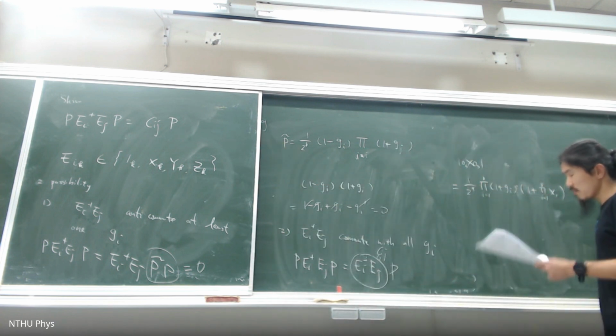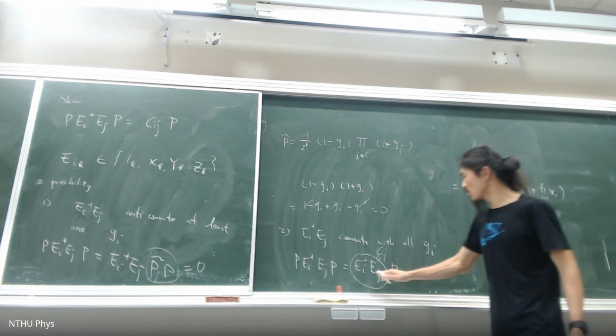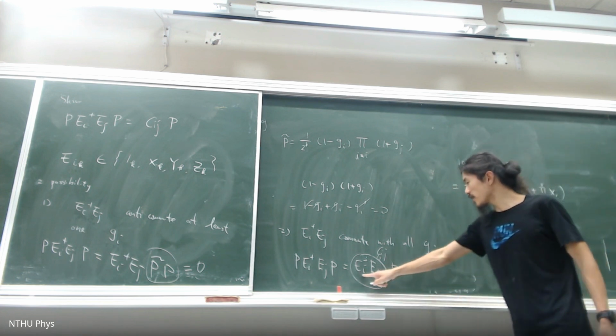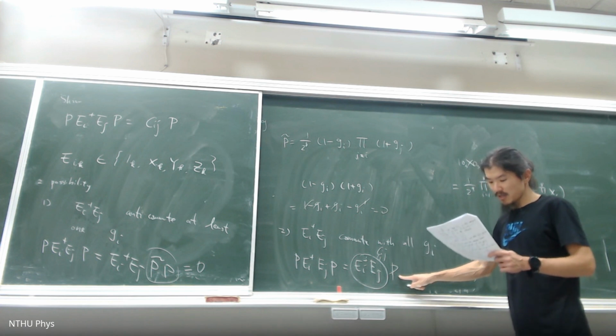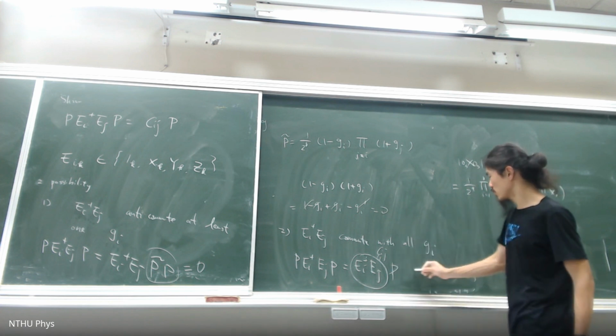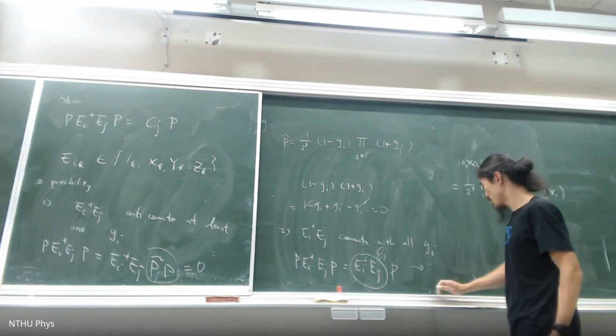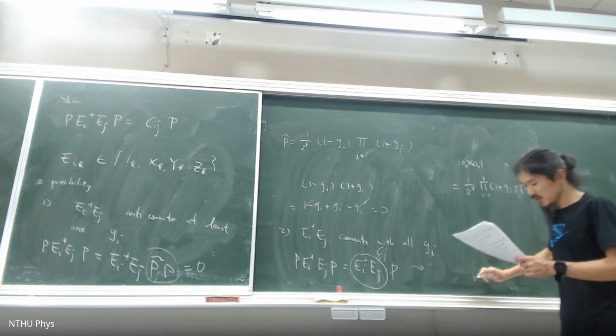So in this example, it's not hard to show, because if they commute with G_I, then we can just show it by example.